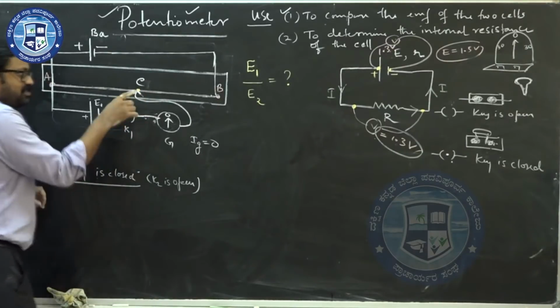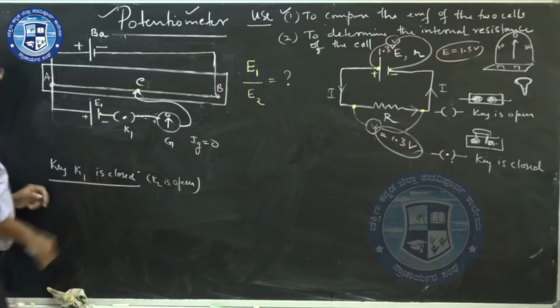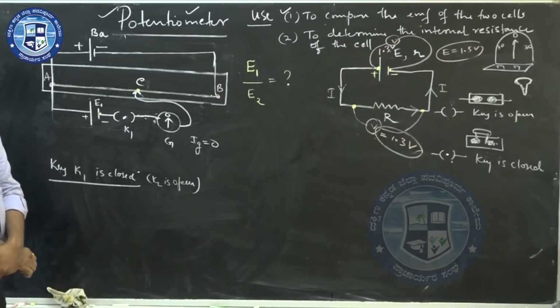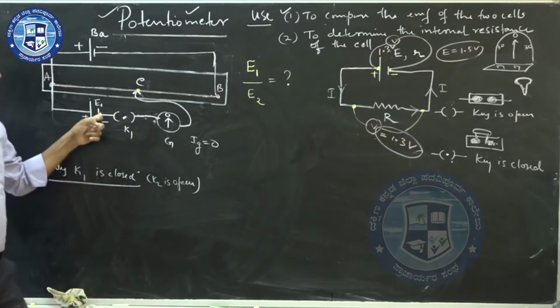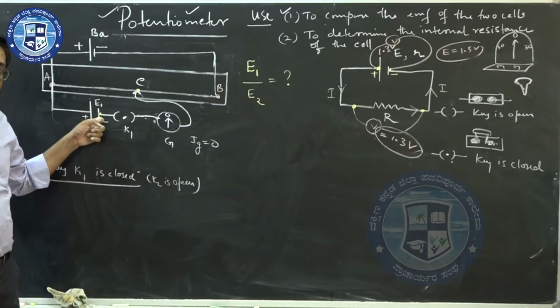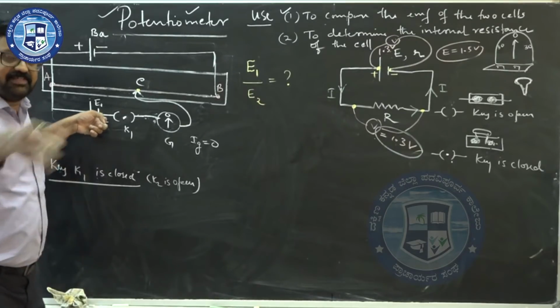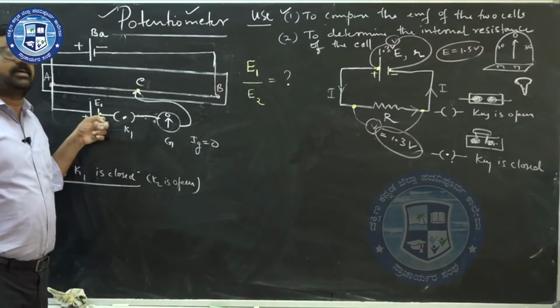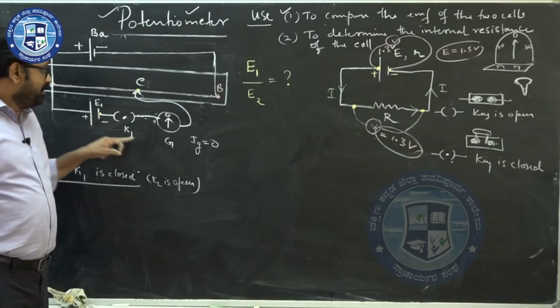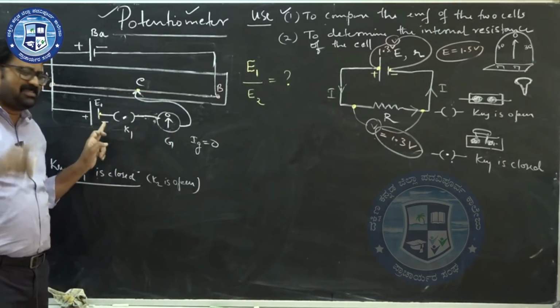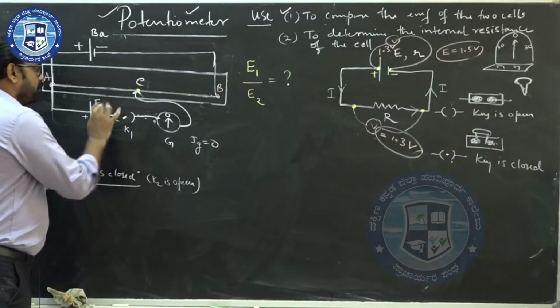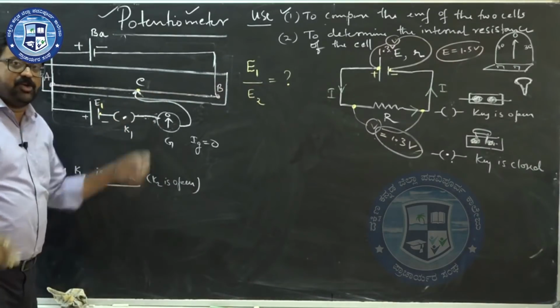Look at this. C and the negative terminal of the battery. Is there any conducting path? Yes, there is a conducting path. Is there any current between the negative terminal of the battery, the negative terminal of the cell, and C?